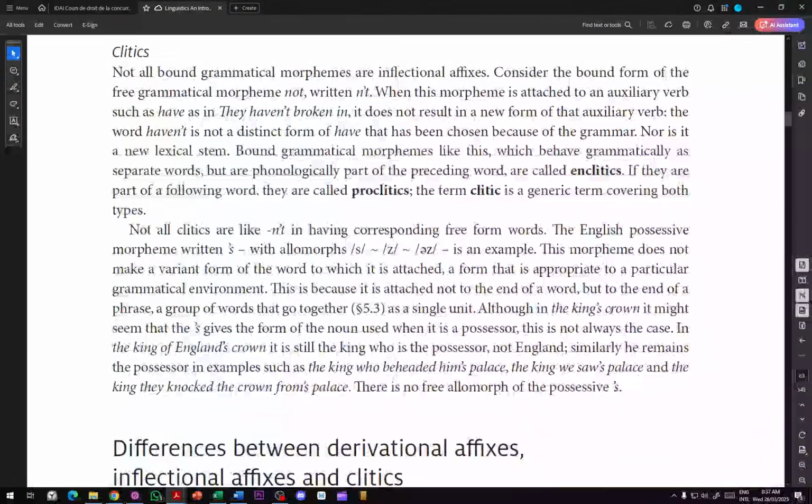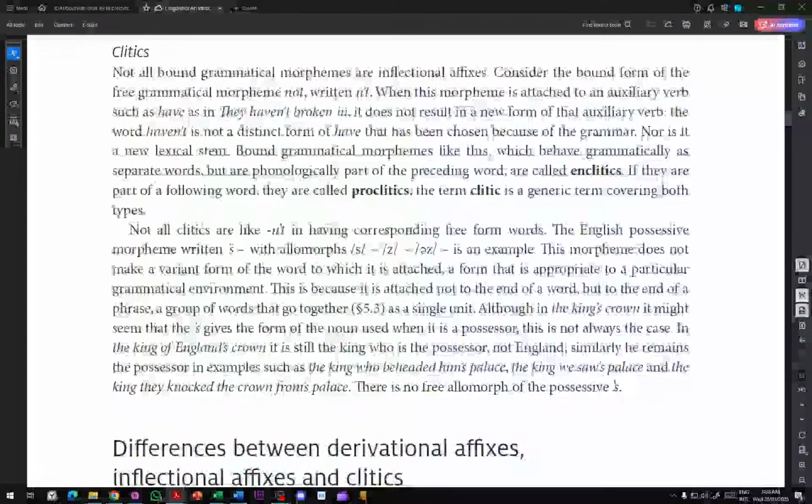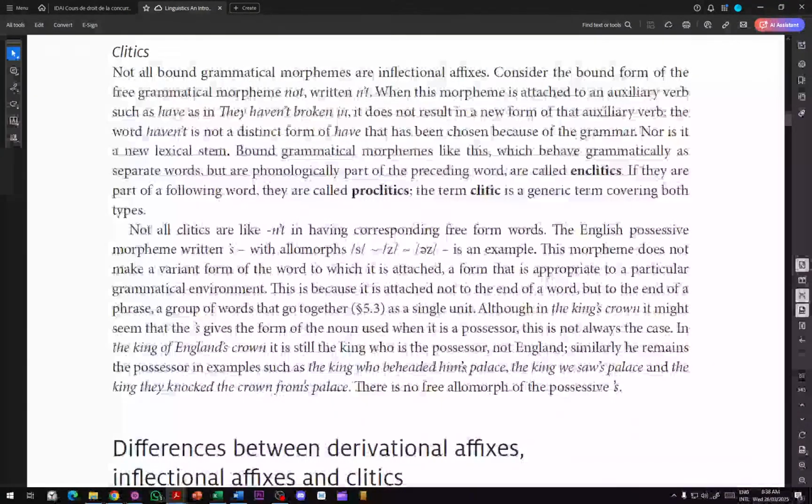Although in the king's crown it might seem that the s gives the form of the noun used when it is a possessor, this is not always the case. In the king of England's crown, it is still the king who is the possessor, not England. Similarly, he remains the possessor in examples such as the king who beheaded him's palace.